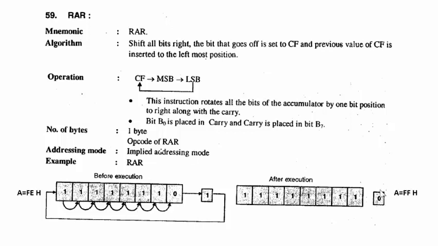After the execution of this RAR instruction, the 0 goes into the carry flag bit. This logic 1 which is available in the carry flag bit goes to location D7, and all the bits in the accumulator get shifted to the right. After the execution, in the accumulator you will get 1 1 1 1 everywhere. That means in the accumulator you will get FF hex.